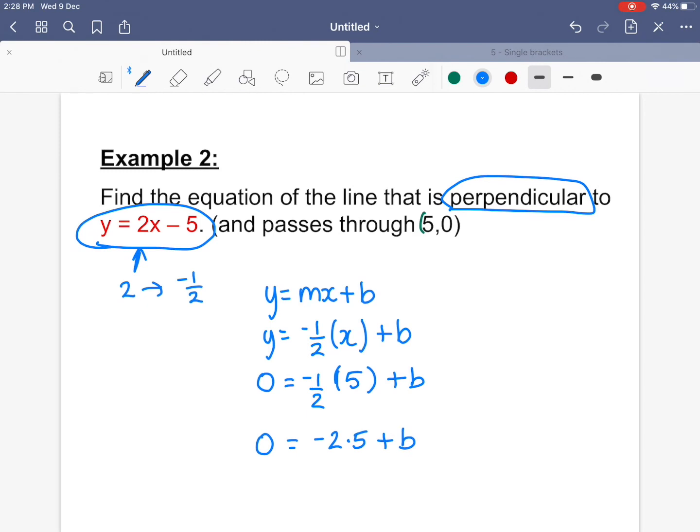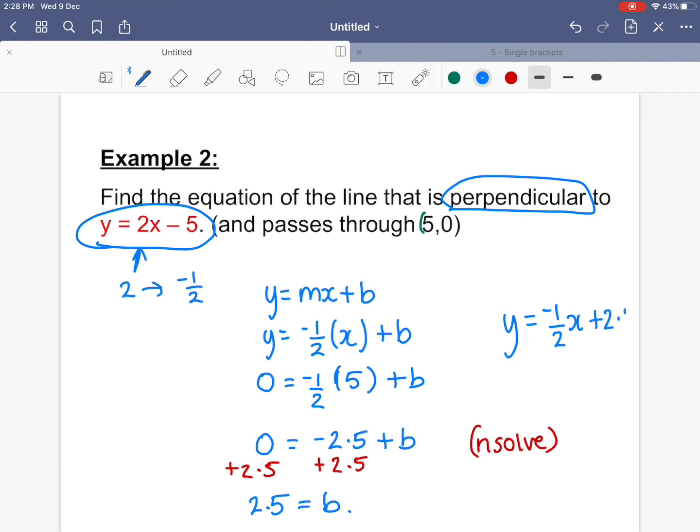Or you can leave that as a fraction, 5 over 2. Then if we rearrange that, we're going to add on 2.5 to both sides. Or at this point you could also use your nsolve on your calculator. Then we find that 2.5 is equal to b, and now I know my final answer, which is minus 1/2 x plus 2.5. And that's the final answer for the question.